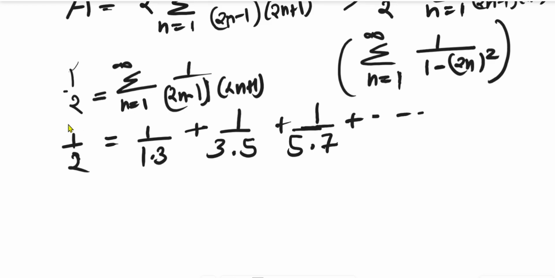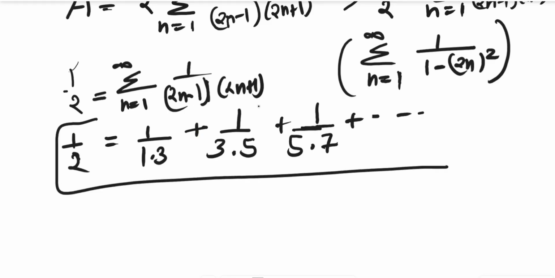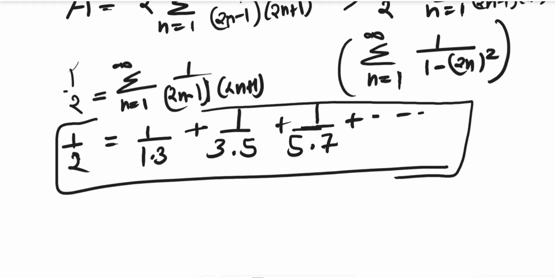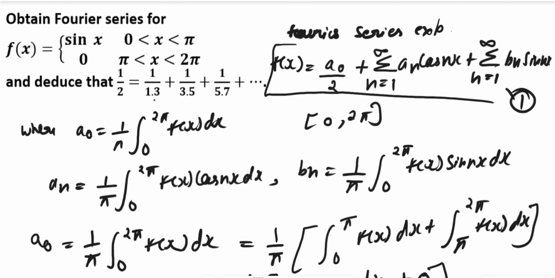And हमसे यही सीरीज पूछी थी to make. Series was this, that is 1 upon 2 is equal to 1 upon 1 multiply 3 plus 1 upon 3 multiply 5 and so on. Hence it is done.